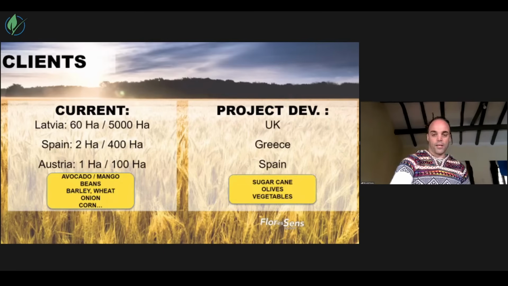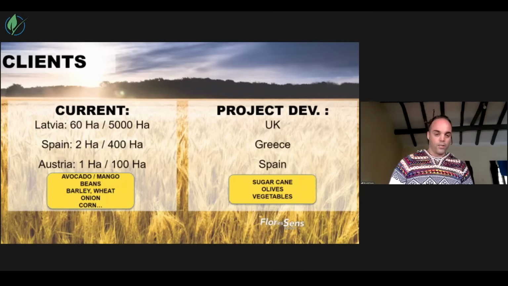As of today, we have a couple of ongoing big works. The biggest one is in the north of Europe, in Latvia. This is a 60 hectares trial out of a 5,000 hectares plot.